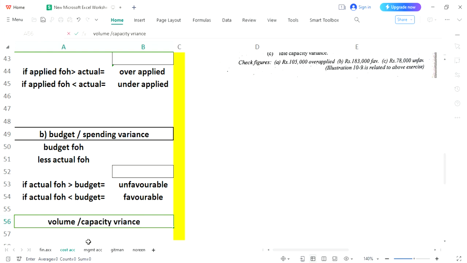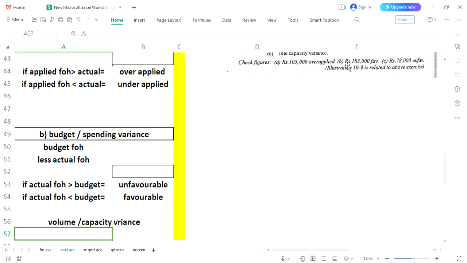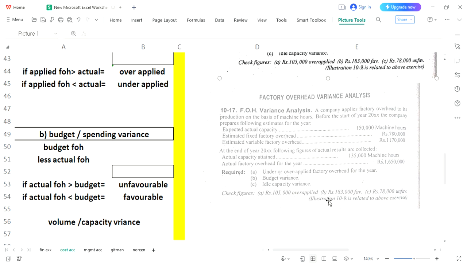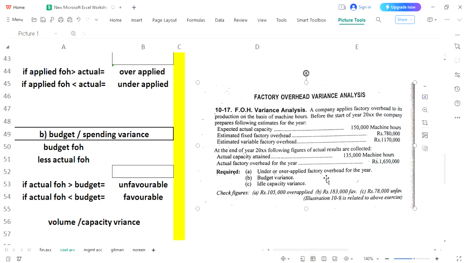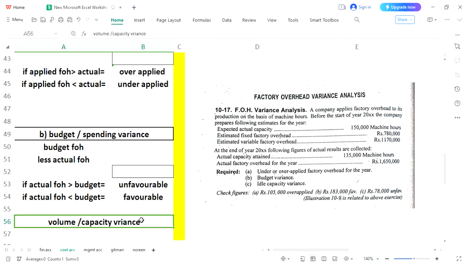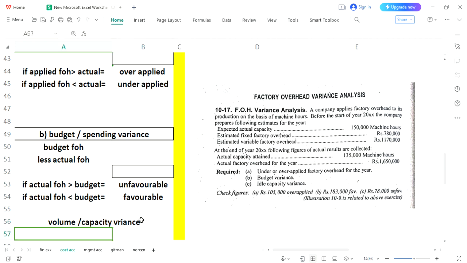Right now we are looking at our requirements. You can see the first requirement was under or over applied, and then it was said to calculate budget variance. So we have calculated our budget variance, and the third requirement was idle capacity variance. The second name of idle capacity variance is volume variance. And how will you calculate it?